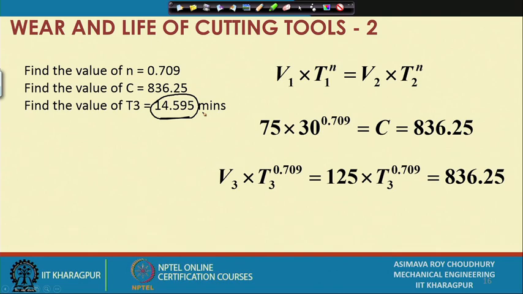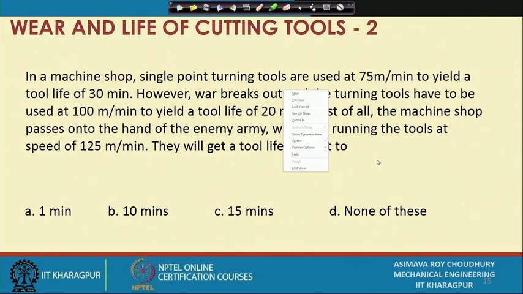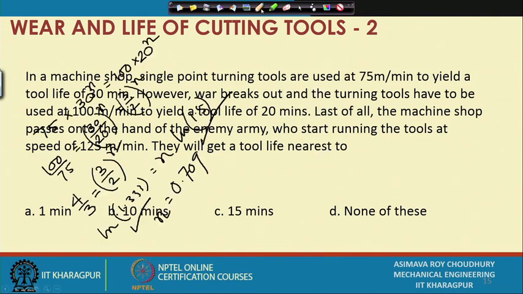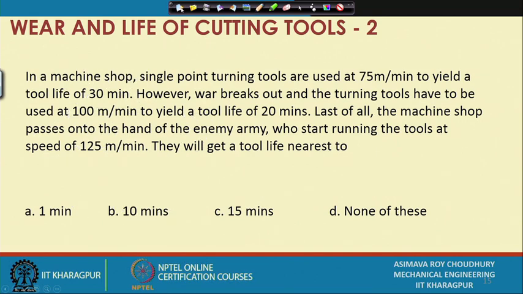So, if we look at the solutions, 15 minutes is then the correct answer. Since we have been given options, we take the tool life nearest to 14.595. This will be taken as the correct answer. Okay. Now, let us pass on to the next problem.